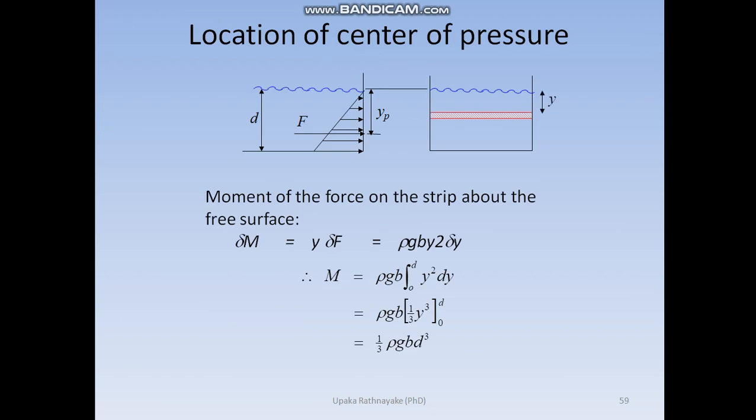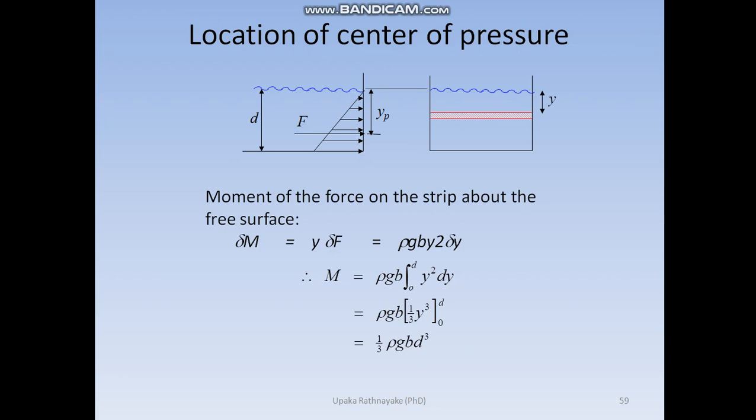How can we find the location of this resultant force? Now when we say the location, we are trying to find the distance from the free surface. It's simple. Let us take the moment.